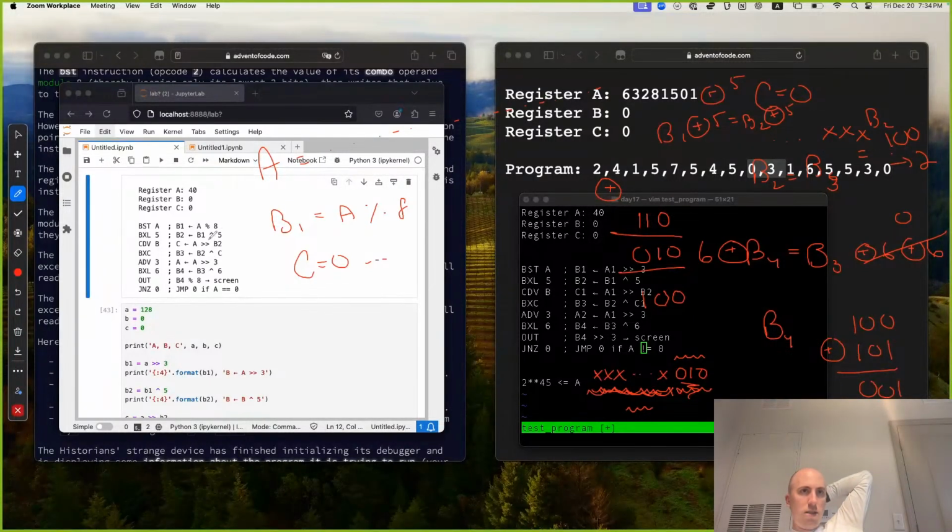And with B2, we have this interaction here with C. So right now it's a little much to reason through C.